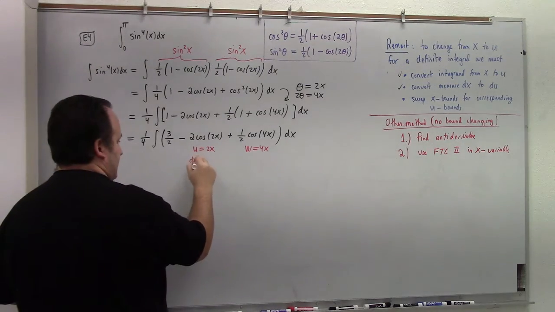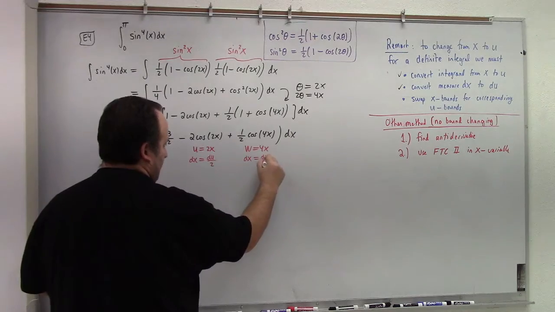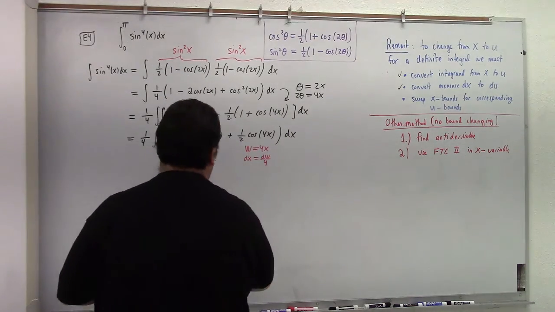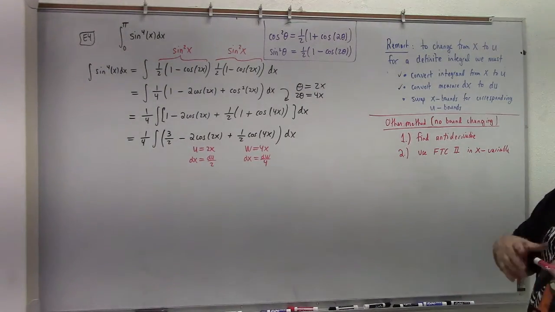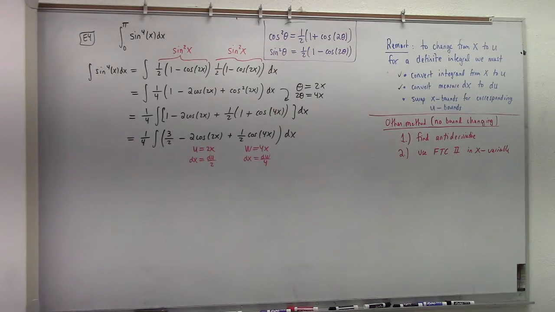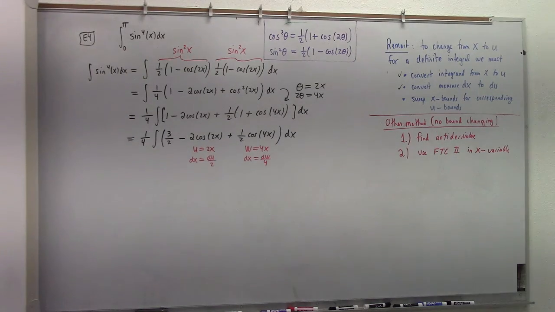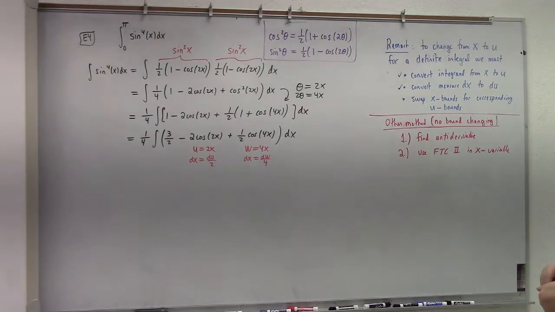So dx is du over 2. Over here, dx is dw over 4. So I end up dividing by 2, and dividing by 4, the integral of cosine u, or the integral of cosine w.